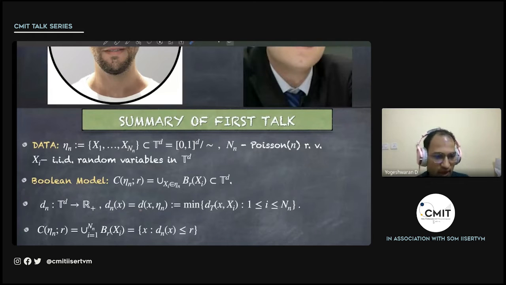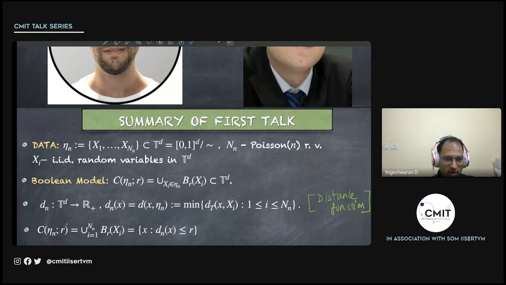Okay, and now the important thing connecting the Boolean model and the distance function. We will recollect it again, but the sub-level set of the distance function is nothing but the Boolean model.